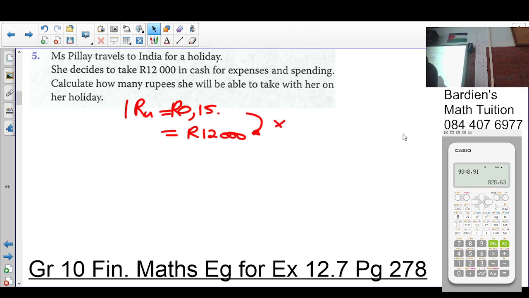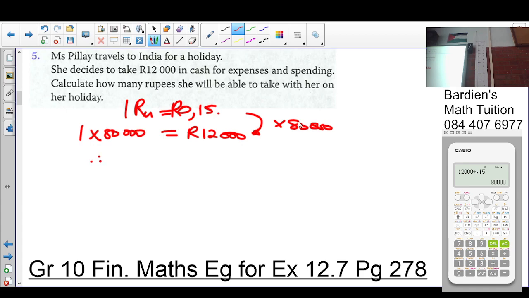So what I do on the calculator is 12,000 divided by 0.15. You get 80,000. So in other words, 0,15 multiplied by 80,000 gives you 12,000. Therefore, she will get 80,000 rupees.